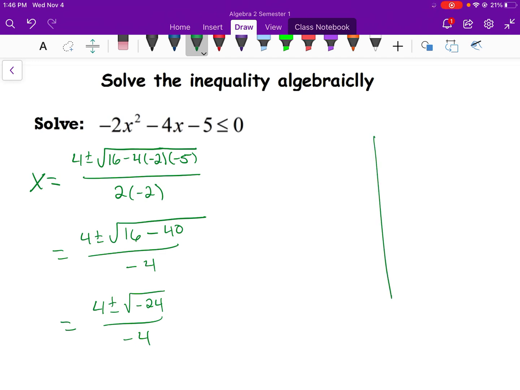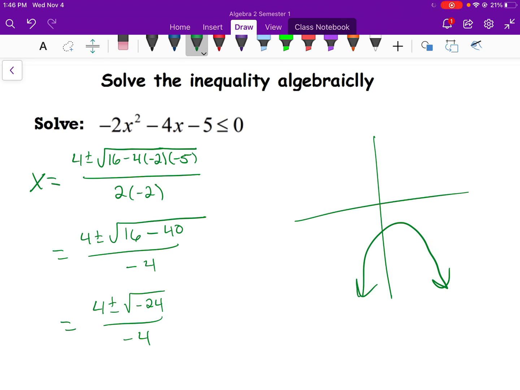In that case, we need to think about where this graph is at. I know that this is opening down, and since it's opening down, that means we're not going to be crossing the x-axis because of the imaginary solution. So this graph is somewhere down below the x-axis.